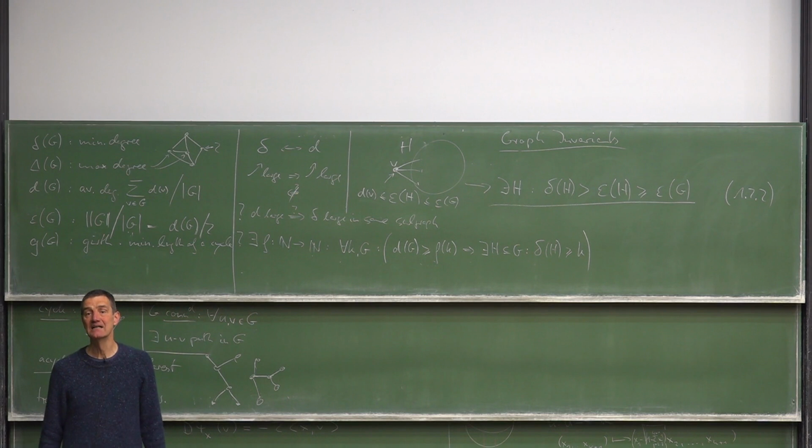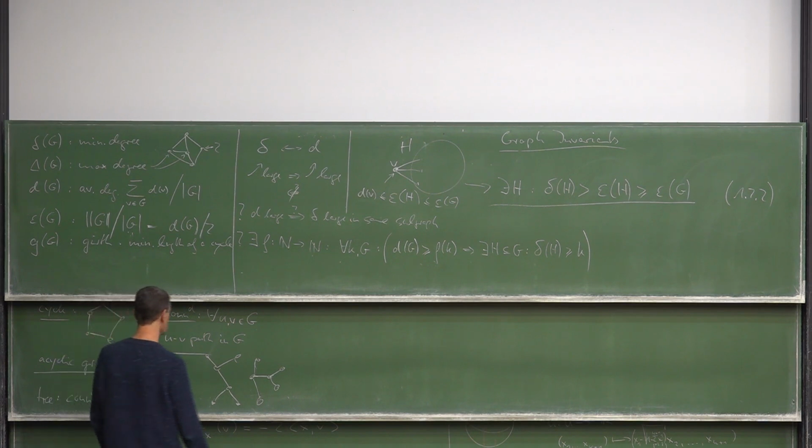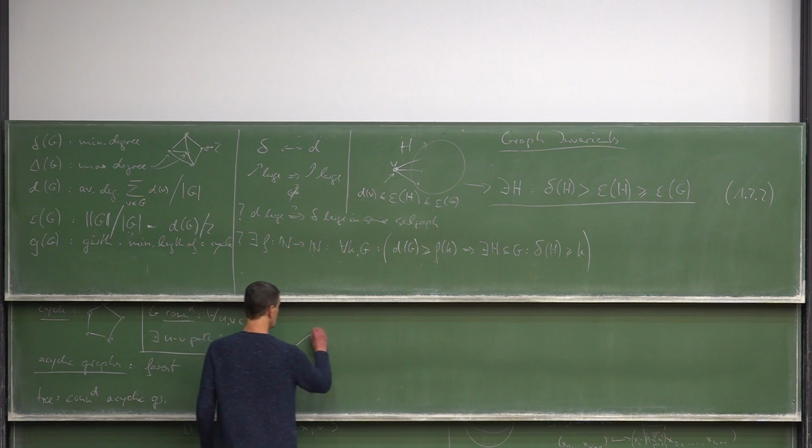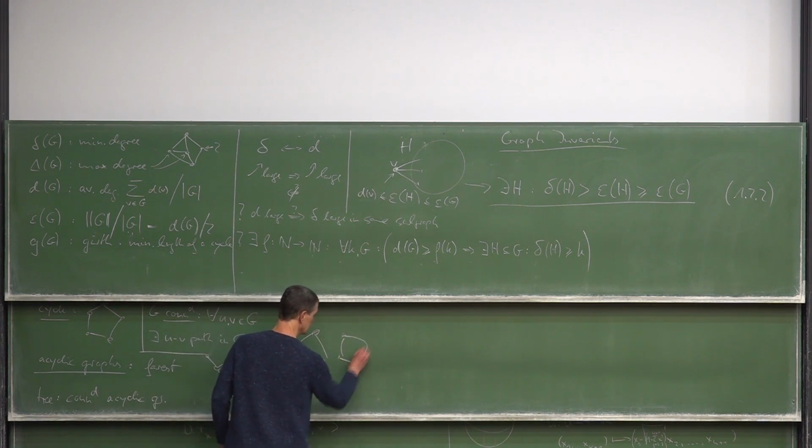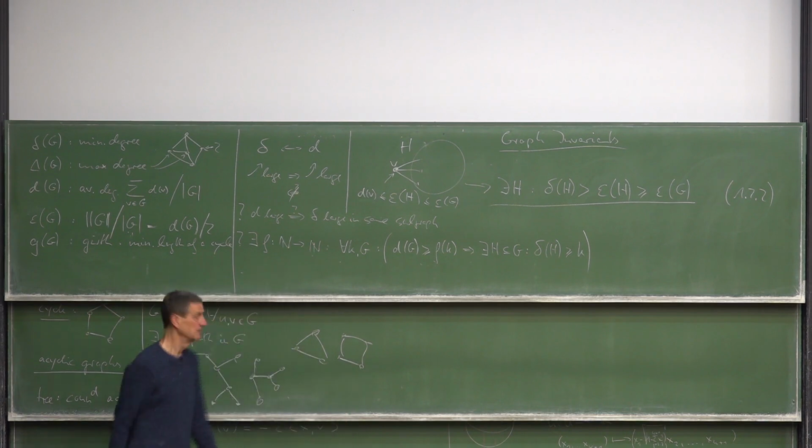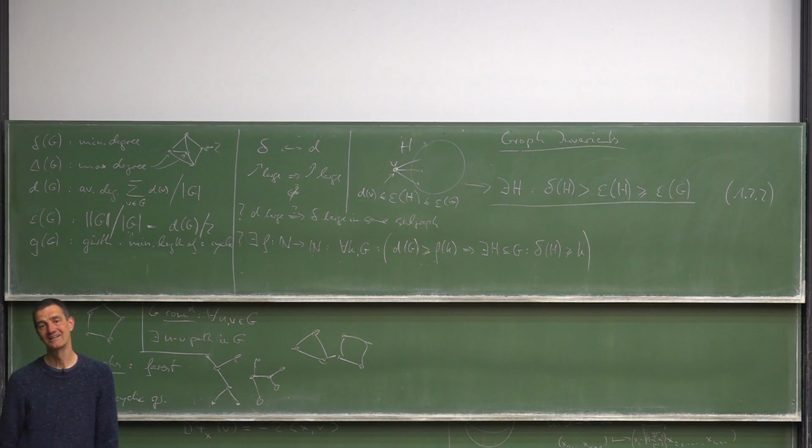If we have, let's say, a triangle and one cube. Yes, you mean a 4-cycle? You don't mean cubed, you probably mean this. Yes. And if they're connected in one part, is the girth the number 3 or 4? Yeah, good question.